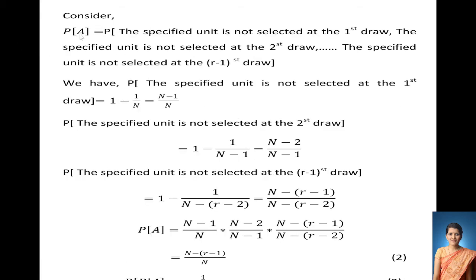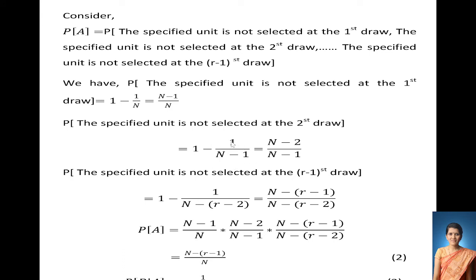Now consider the probability of A, meaning the specified unit is not selected at the first draw, not selected at the second draw, up to not selected at the r minus 1th draw. We calculate each probability. The probability that the specified unit is selected at the first draw is 1 by N, so the probability that it is not selected is 1 minus 1 upon N, because it is the complement of the selected probability. On simplification we get N minus 1 divided by capital N. The probability that the specified unit is not selected at the second draw is 1 minus 1 upon N minus 1, because this sampling technique is without replacement, so the population is reduced by 1.